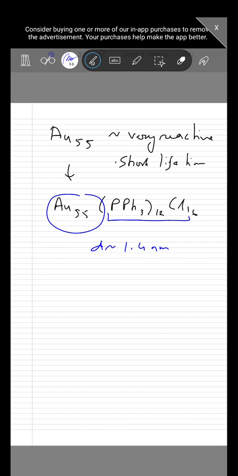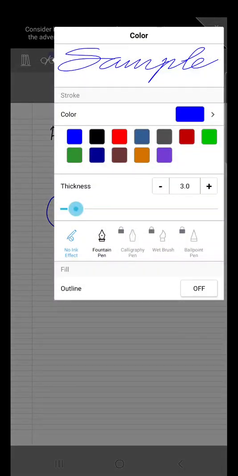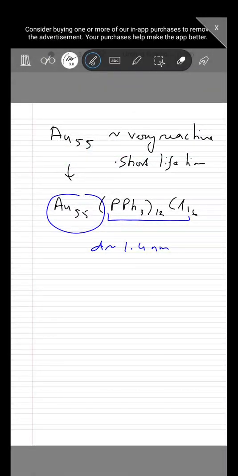Other examples of FCC nanoparticles are platinum 309 and palladium 561, and they are also stabilized by an organic group.